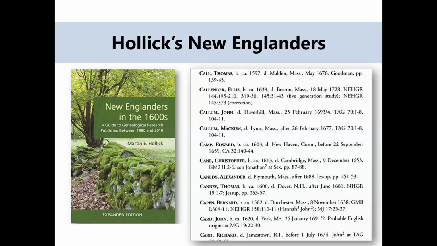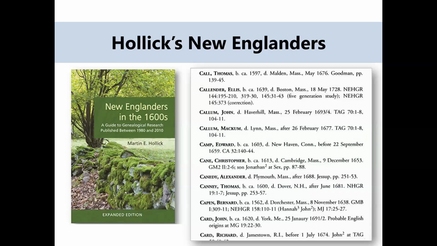Another very important finding aid for New England is Martin Hollick's New Englanders in the 1600s. This is an update of Torrey's work, and it was originally published in 1980, and then there was an update done in 2010. The format of the entries is similar to that of Torrey, giving you the details of the person and then the abbreviations.